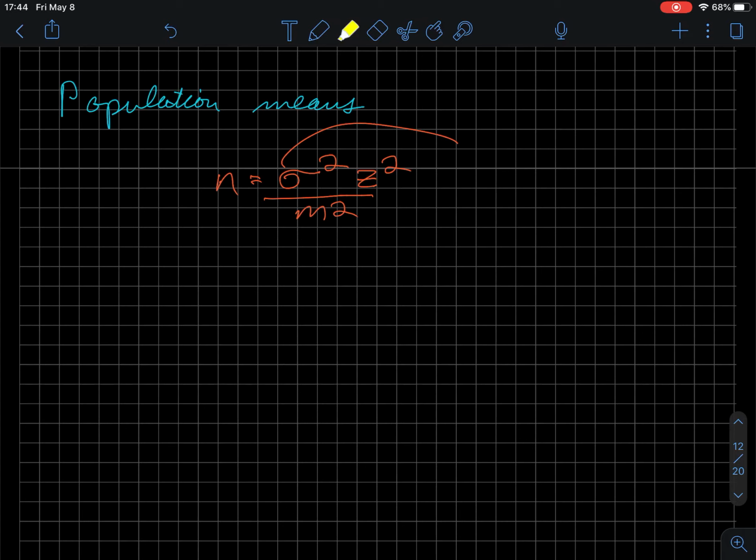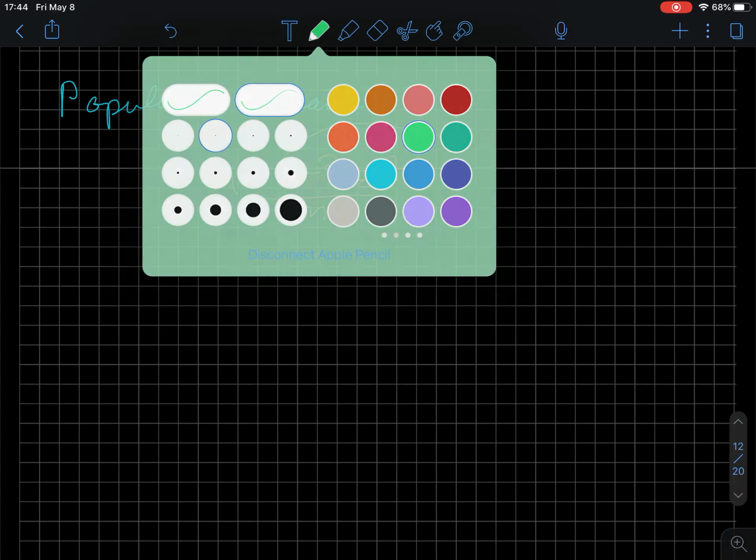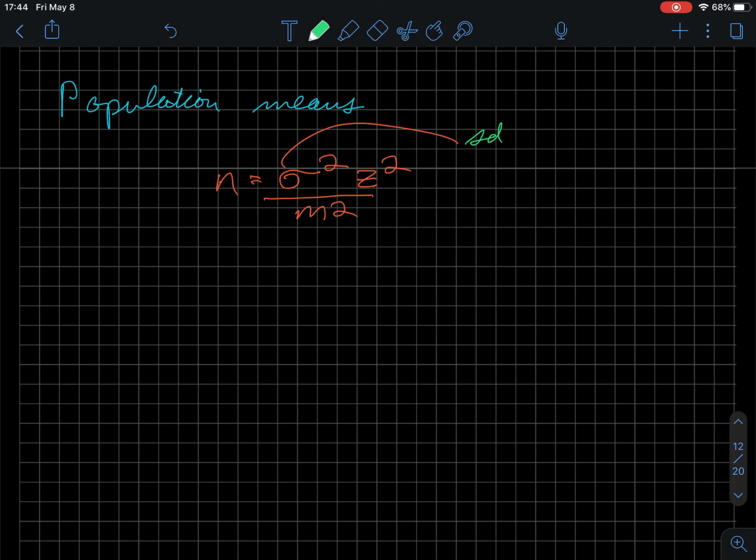So in your notes, the way that I have those listed is that this is the standard deviation, but note that because there's a square here, this is also the variance of what we're putting in here.